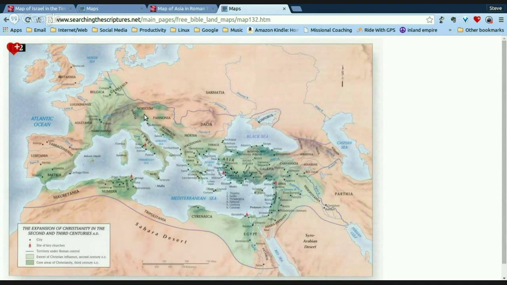Now, interestingly enough, Paul is interested in preaching the gospel to the ends of the earth. The reason for that is found in Matthew chapter 24, verse 14, where in the Olivet Discourse, Jesus says, "This gospel of the kingdom shall be preached in the whole world as a testimony to all nations, and then the end will come."